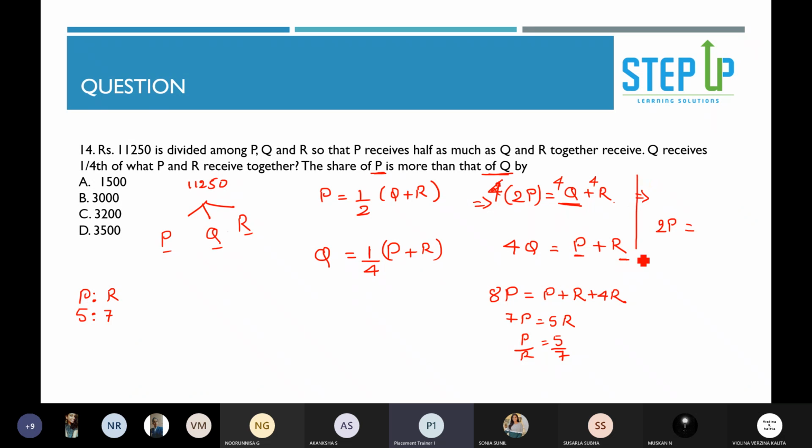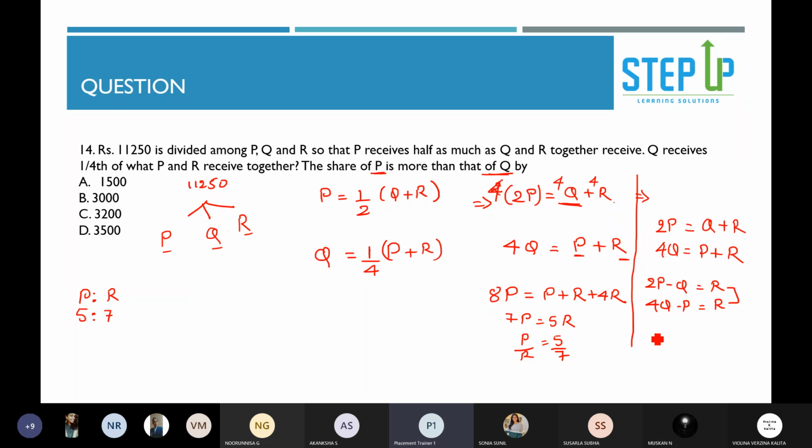We have two equations: 2P is equal to Q plus R, and here 4Q is equal to P plus R. Can I write 2P minus Q is equal to R, and here 4Q minus P is equal to R, and equate both so that I get it in P and Q ratio form? Yes, ma'am.